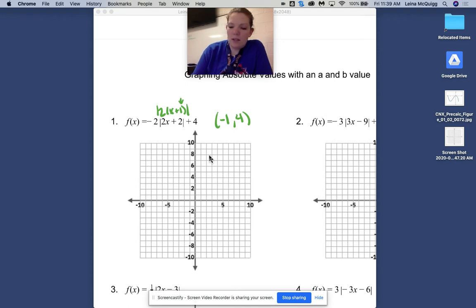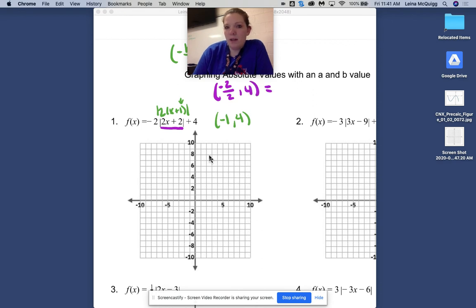Or we could also look at this and say my vertex is the opposite of h divided by b, comma k. So the opposite of h would be negative 2 over my b value, 2, comma 4.